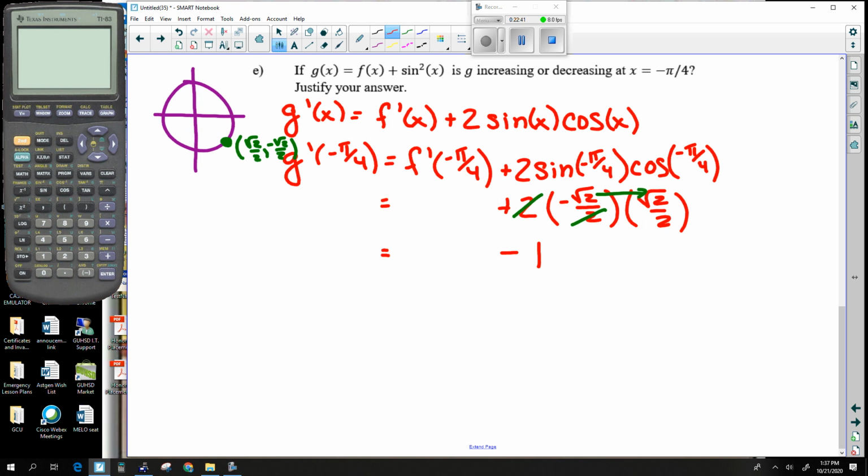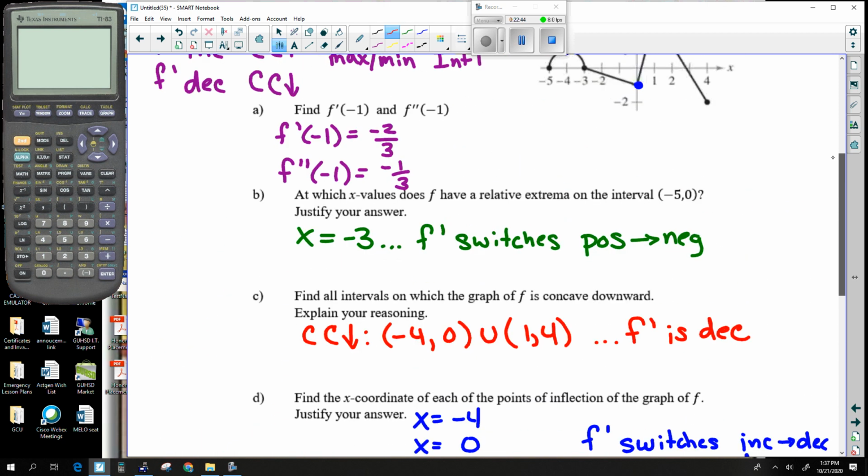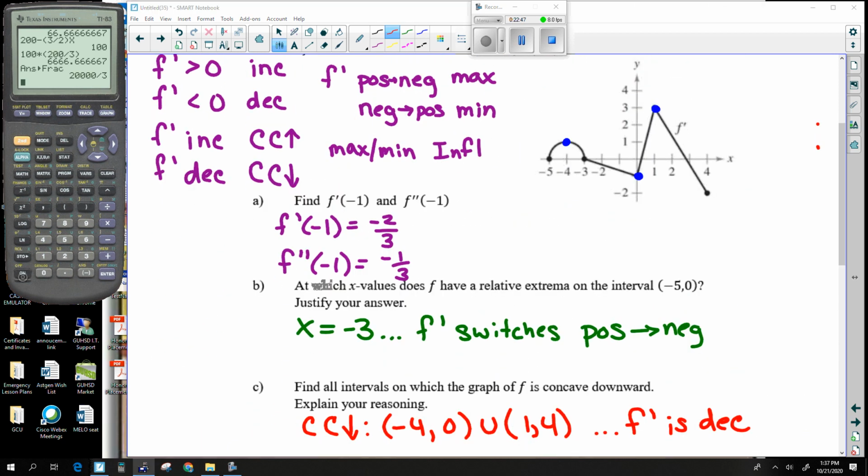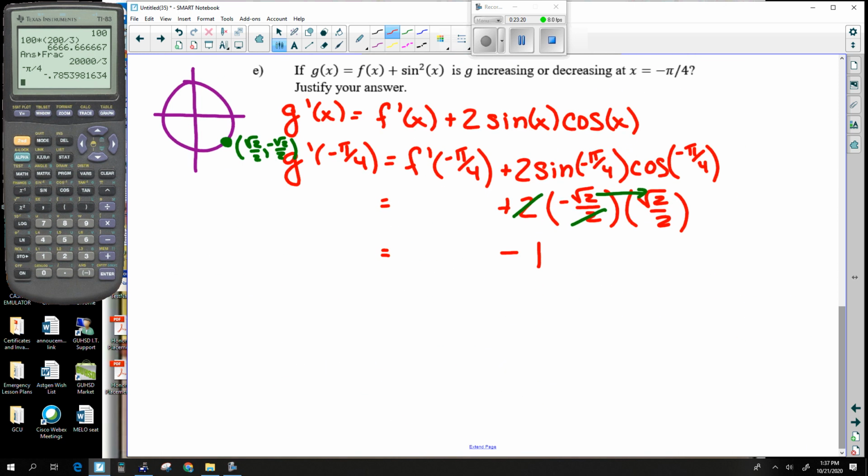Okay, the derivative when x is equal to negative pi over 4. Let's get an idea of what that number is. So negative pi over 4 is about negative 0.7. And so this is approximately negative 2/3 or something like that. Like, approximately. I'm not exactly sure.